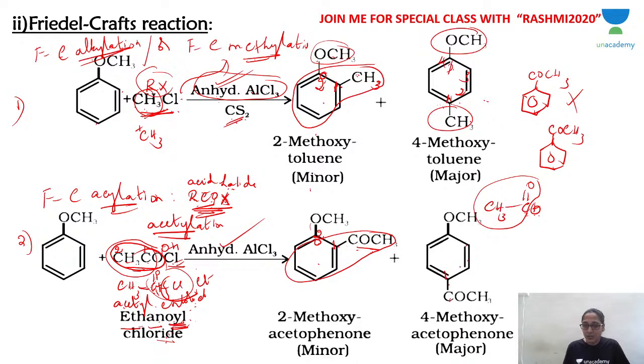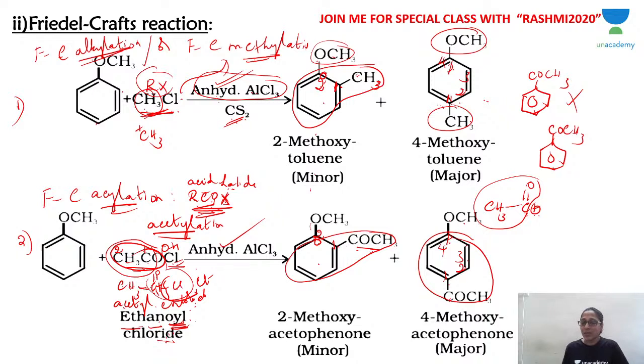Let me write this. This is 1, 2, 3, 4, and with respect to this it is para. So 4 methoxy or para methoxyacetophenone. This is acetophenone, a ketone. So you get 2 methoxyacetophenone or 4 methoxyacetophenone. Again, the major product is para substituted because the bulkier groups are at opposite ends.